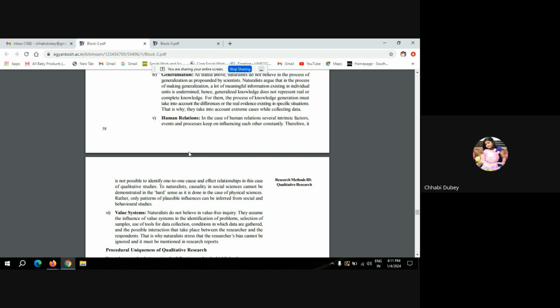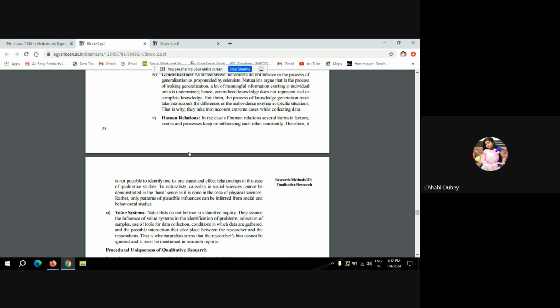Then comes the value system. When we are talking about research in the field of social sciences, we cannot have a value-free inquiry, because when we are dealing with social sciences, bias will definitely be there.